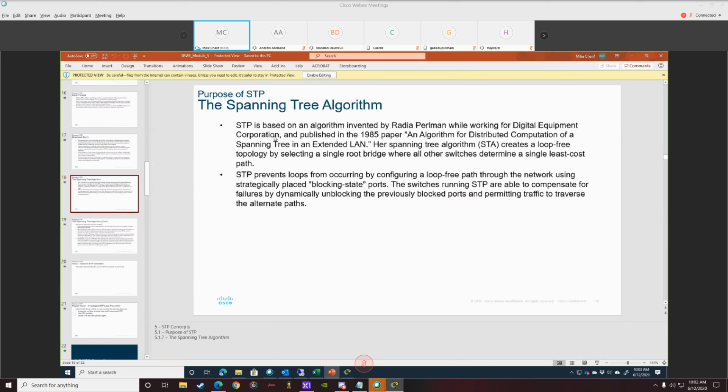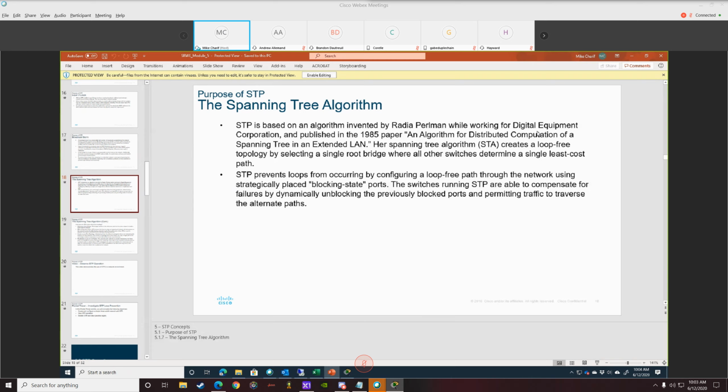STP is based on an algorithm invented by this guy, who was working for Digital Equipment Corporation. Digital Equipment was one of the pioneers in technology. I don't know what happened with them.